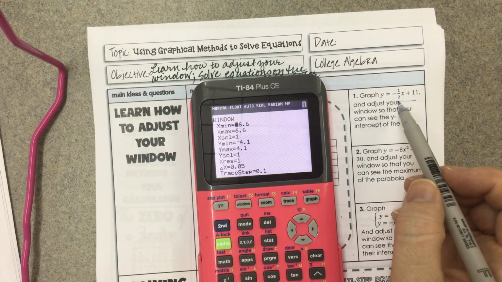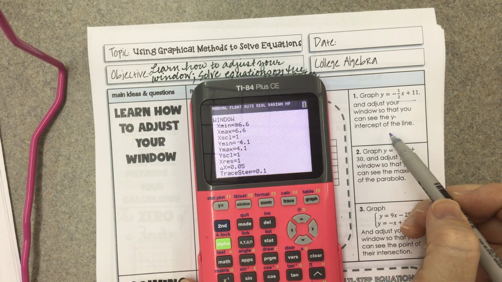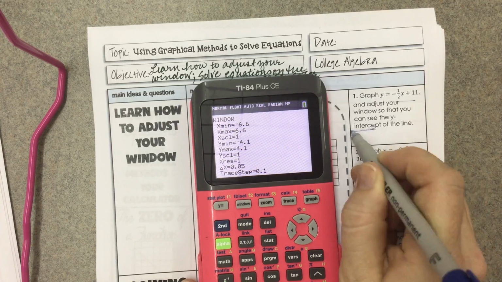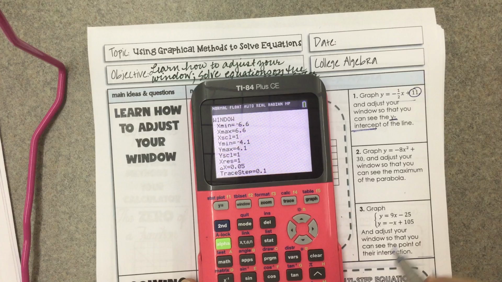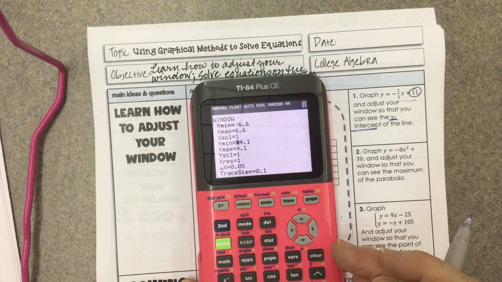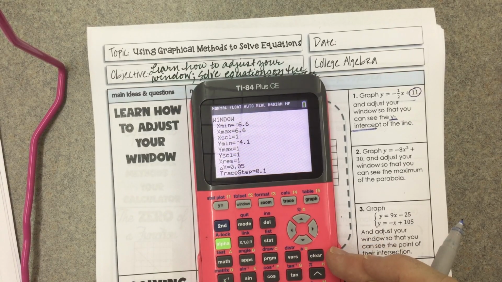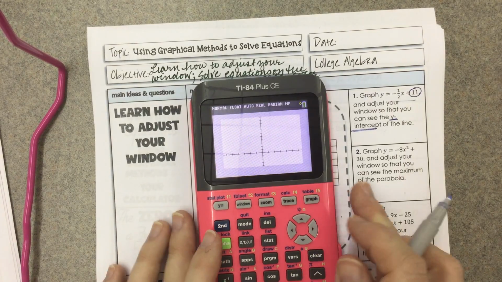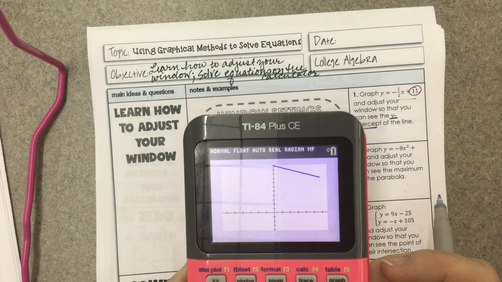It asks me to graph this function and adjust the window so that I can see the y-intercept. Well, I already know that my y-intercept is 11. So I'm going to adjust my setting so that my y-max is 11. Okay, now I can see it.